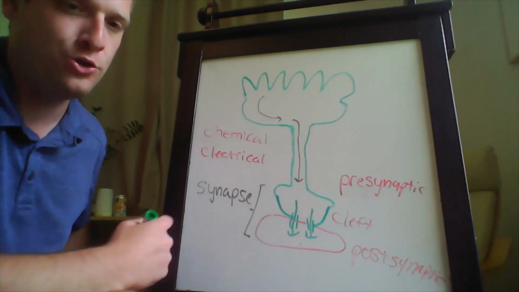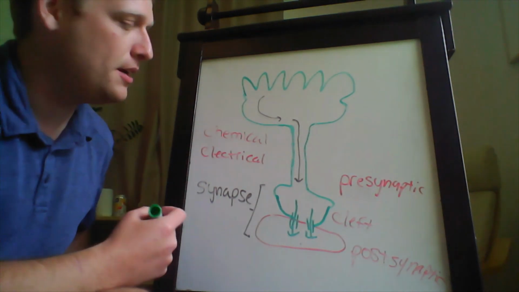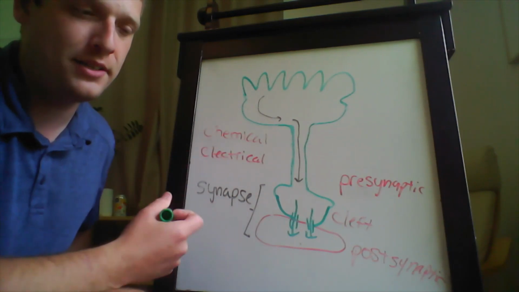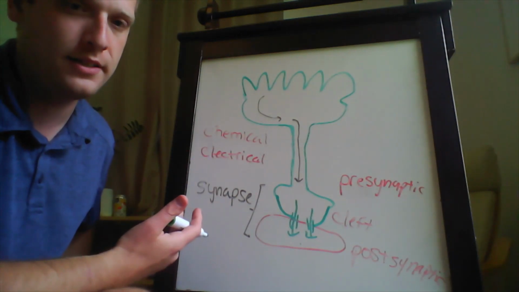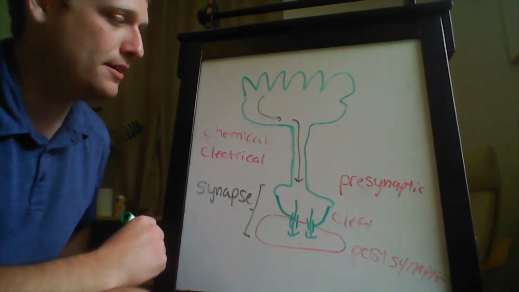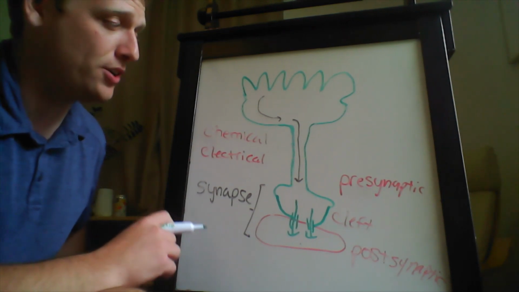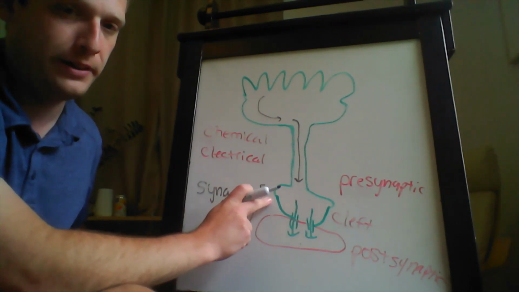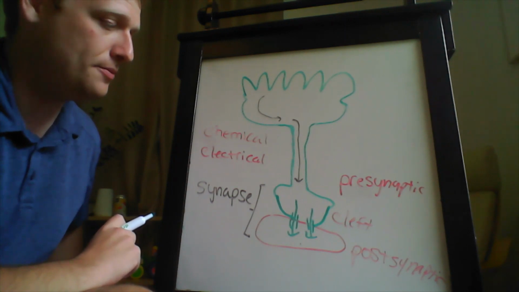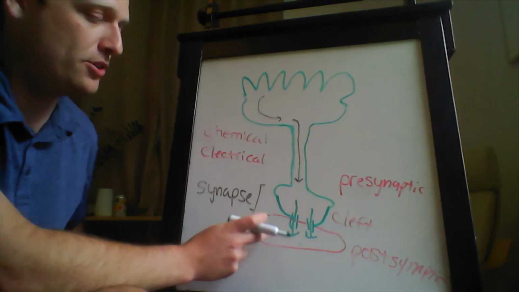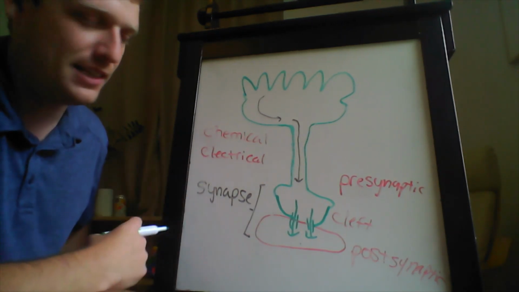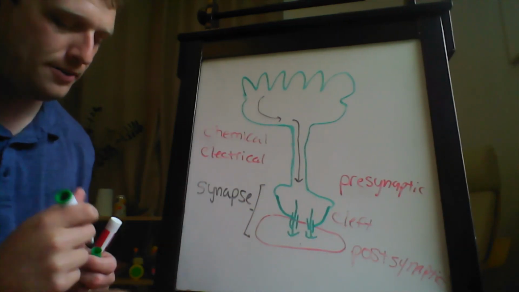Those cells will be joined by an electrical synapse. But electrical synapses are going to be more rare in the nervous system than chemical synapses. So most of the time you're actually going to see neurotransmitter release from this presynaptic cell, and that neurotransmitter stimulates the receiving cell, or the postsynaptic cell.